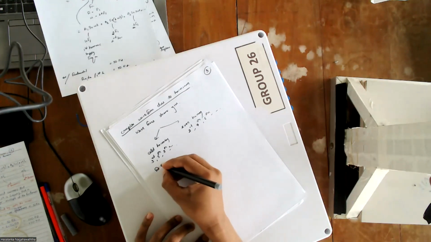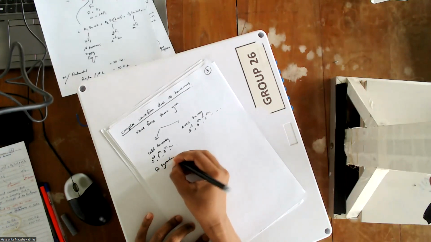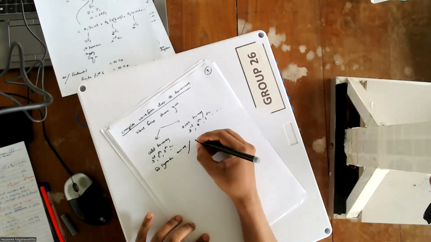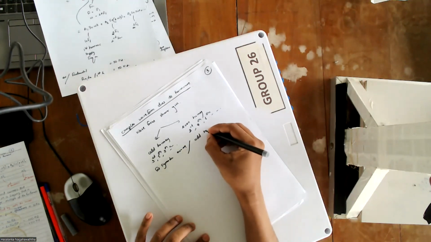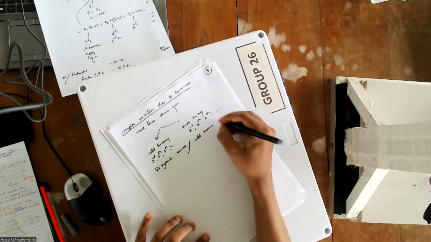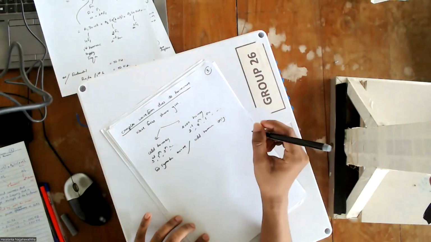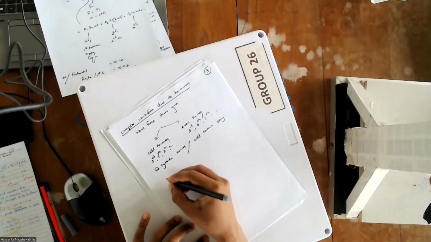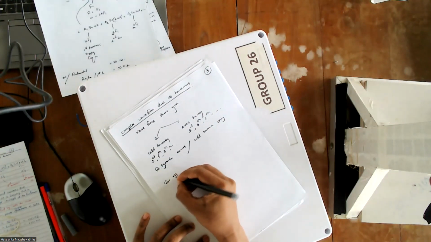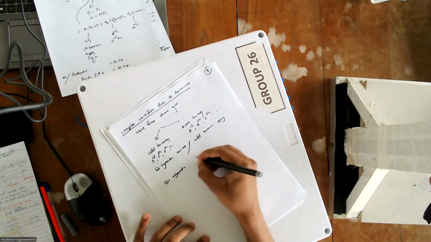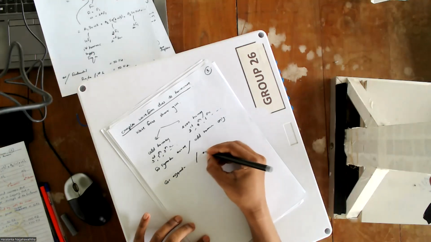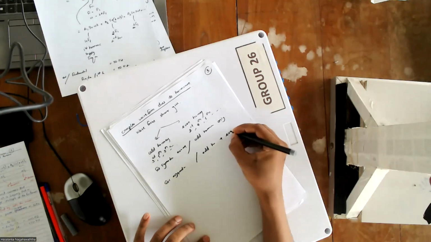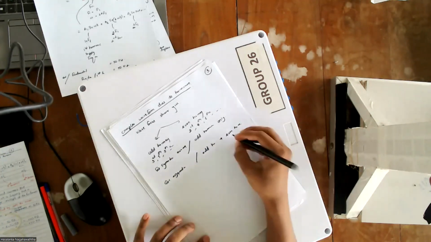For symmetrical waves, we only have odd harmonics. Odd harmonics only. For asymmetrical waves, you can see odd harmonics plus even harmonics.